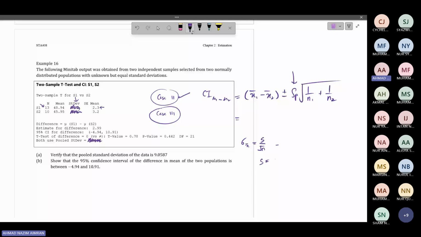So yang ni you akan dapat 2.3 darab square root of 13. So you should get the answer 8.31 untuk sample number 1, and untuk sample number 2 you akan dapat the same lah.